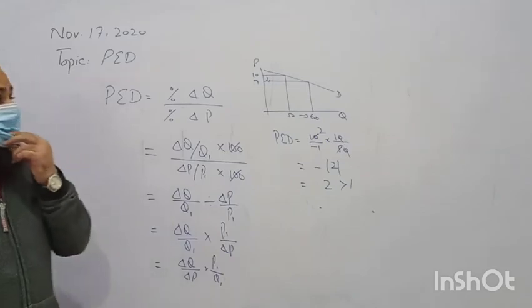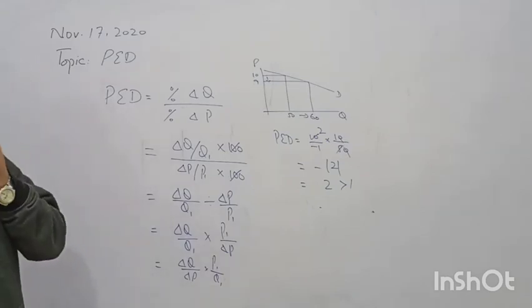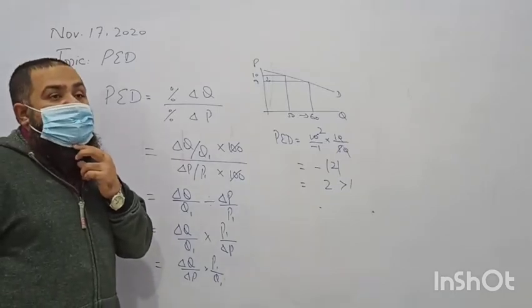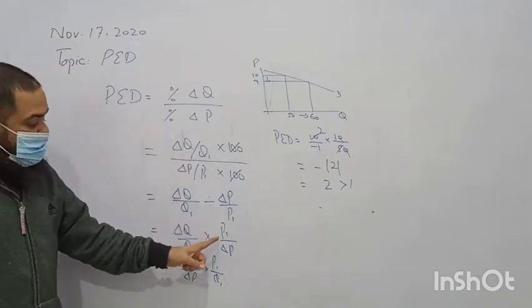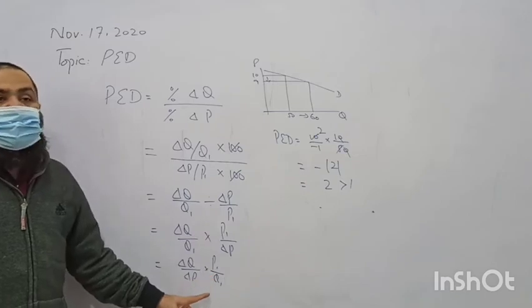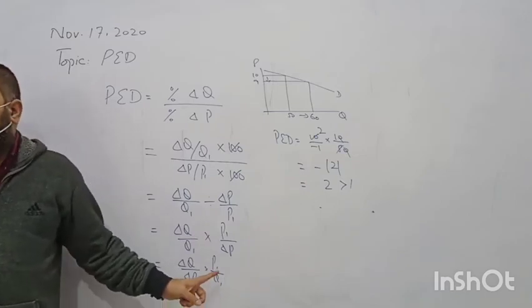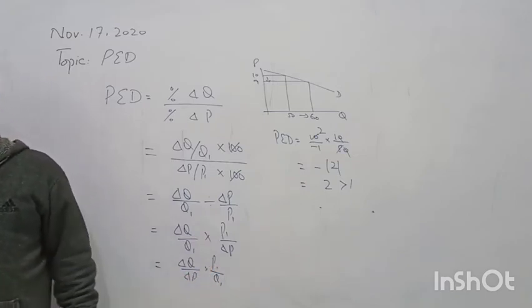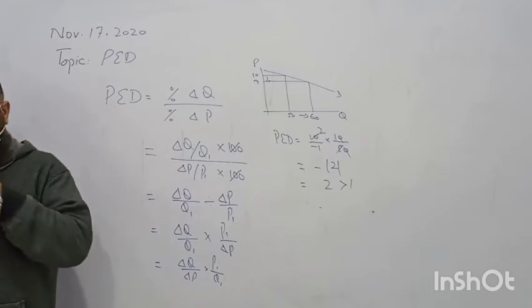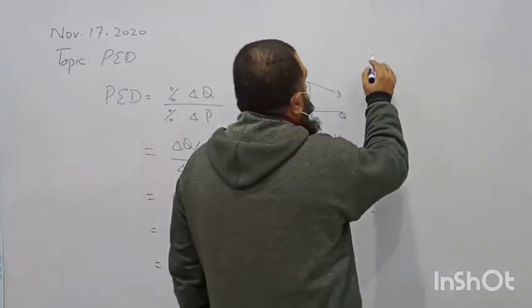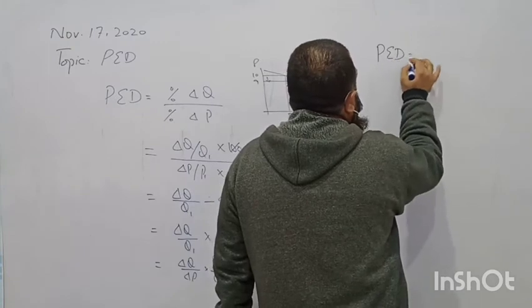Usually we use the midpoint elasticity. What is midpoint elasticity? Rather than writing P1 over Q1, we write average price and average quantity.